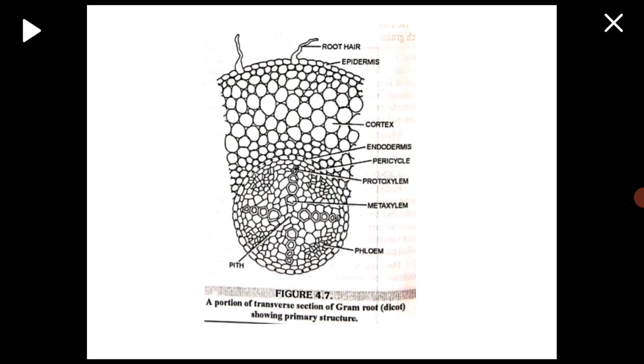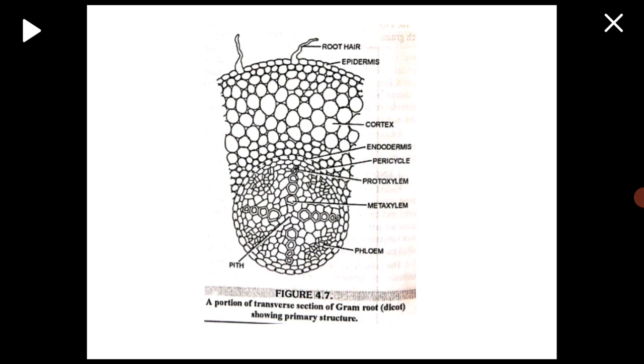All the cells of the endodermis are living. The main function of the endodermis is to provide an airtight mechanical protective layer, which helps to maintain root pressure. It also prevents leakage of nutrients from vascular tissues and regulates the movement of water and mineral salts.